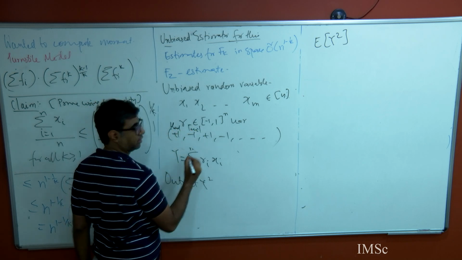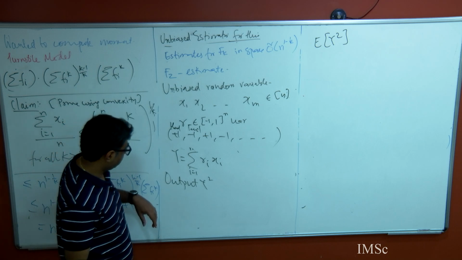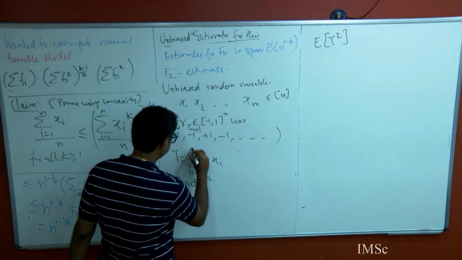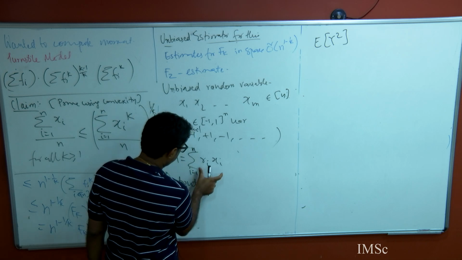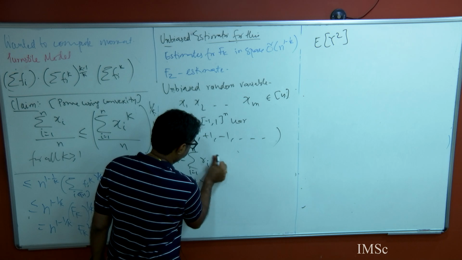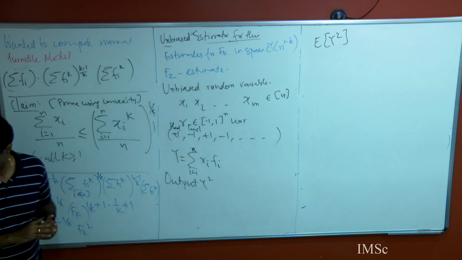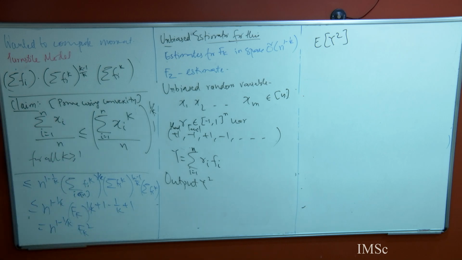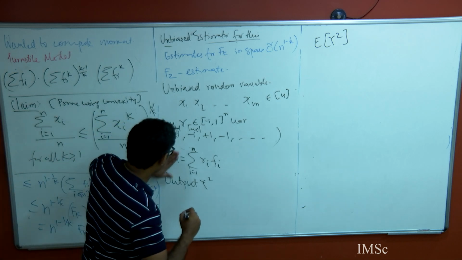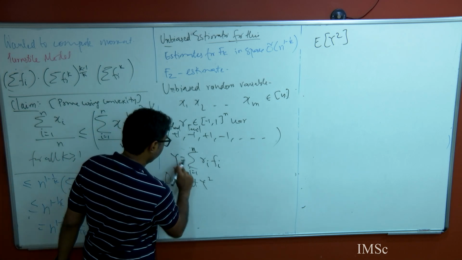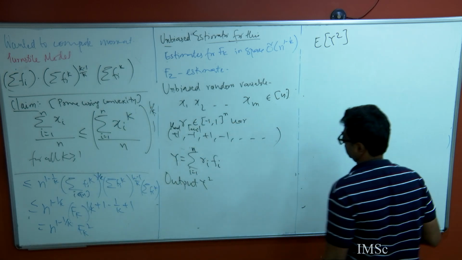And I am going to output the sum of Ri times fi. So this is my random variable Y. Now let's compute the expectation of Y squared.